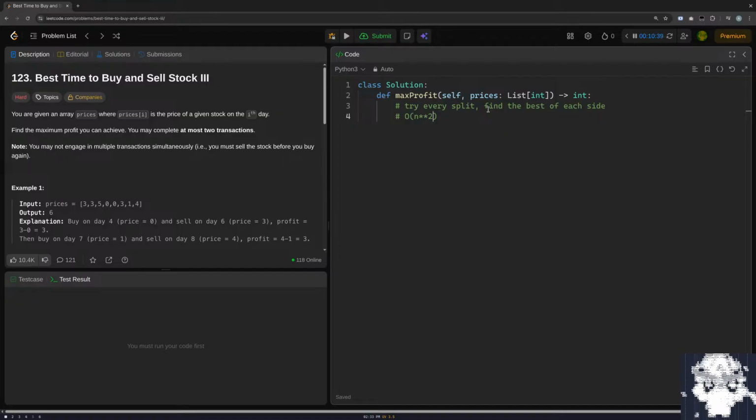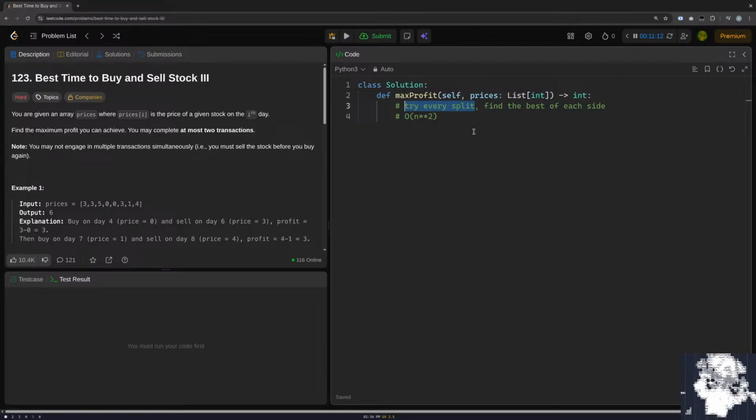Need to think about this for a sec. And we can do fewer than n splits. We can try a smaller number of splits.